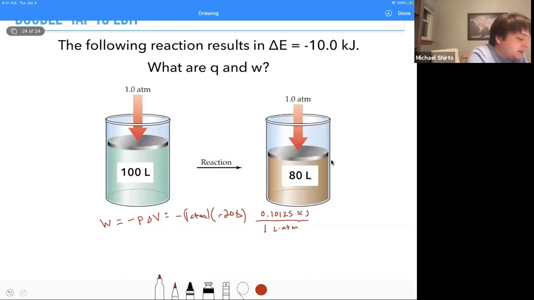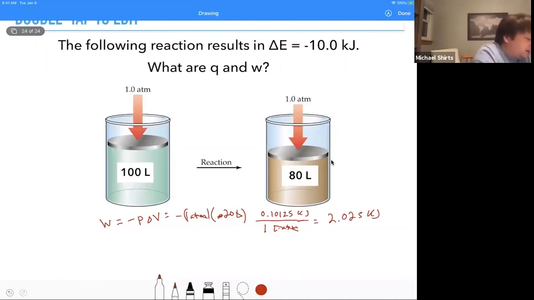So liter-atmospheres cancel, and we get minus 2.025 kilojoules. Okay, so that's the work.